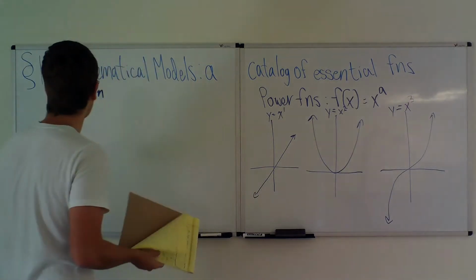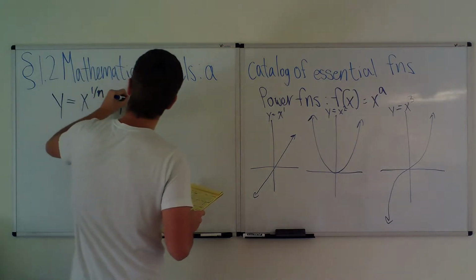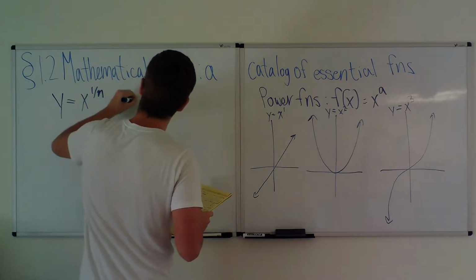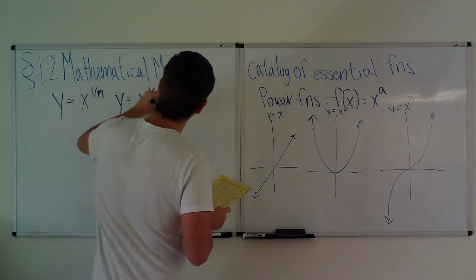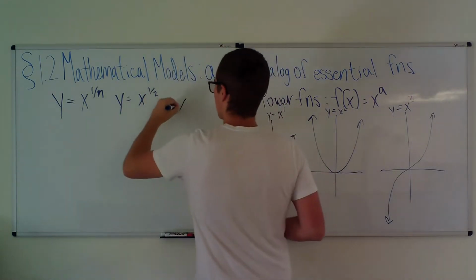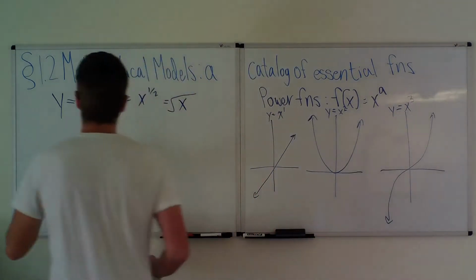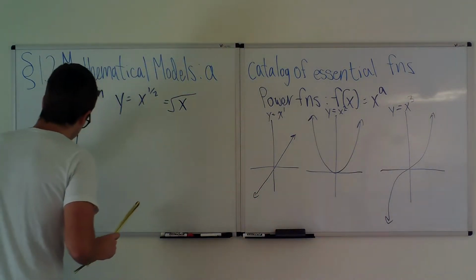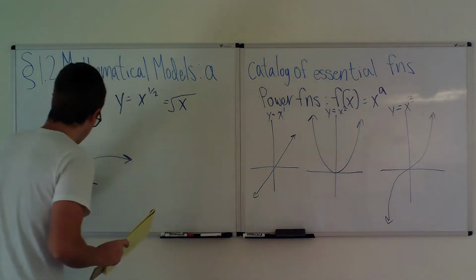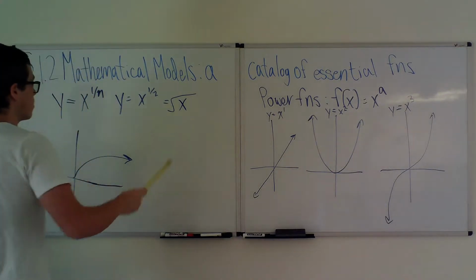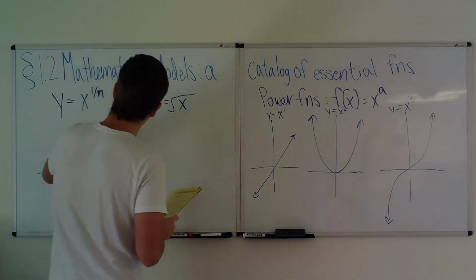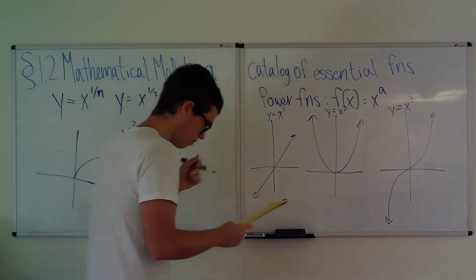An example of this would be y equals x to the 1/2, which is also equal to the square root of x. So this graph would look like this. And this is also equivalent to saying y squared is equal to x.